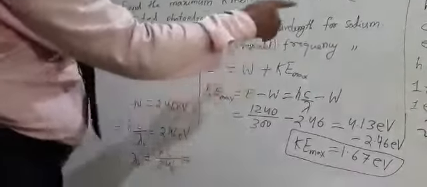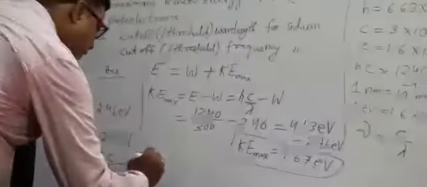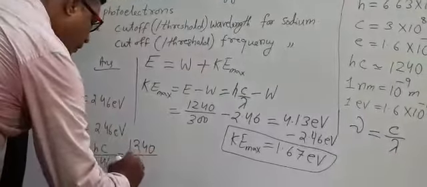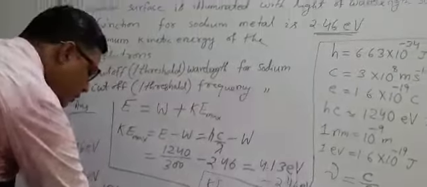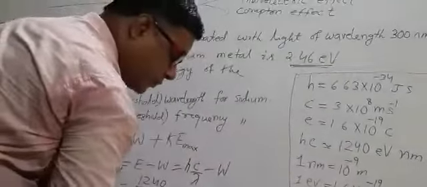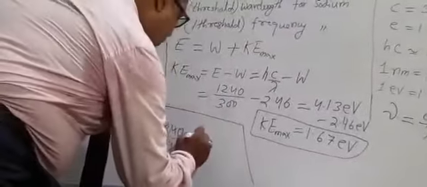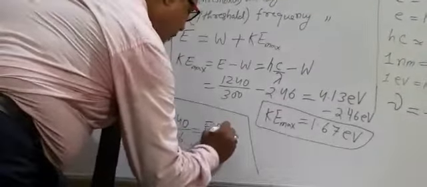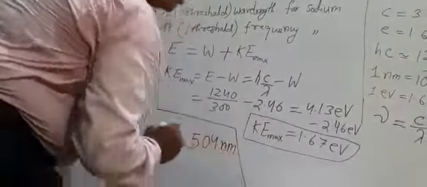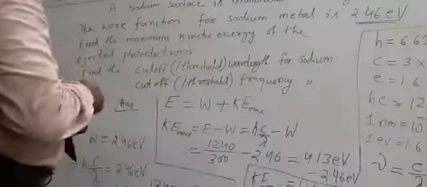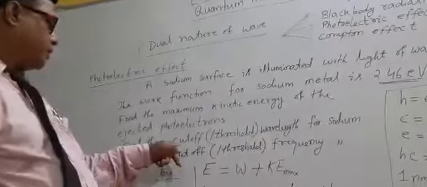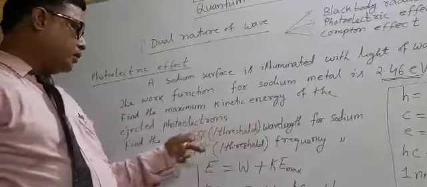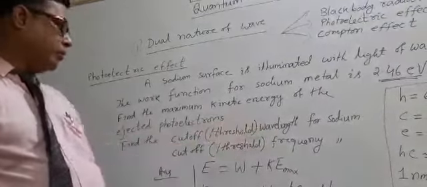The hc value is 1240. So 1240 by 2.46 is around 504 nanometer. So lambda naught is your cutoff wavelength, or you can say threshold wavelength.